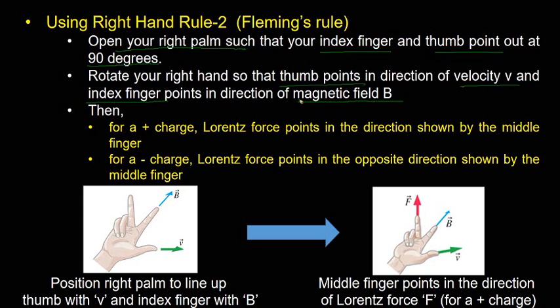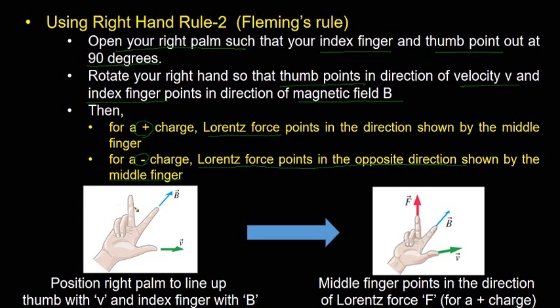When we do that, the stretched out middle finger will point in the direction of Lorentz force for a positive charge, and for a negative charge the Lorentz force points in the opposite direction shown by the middle finger.